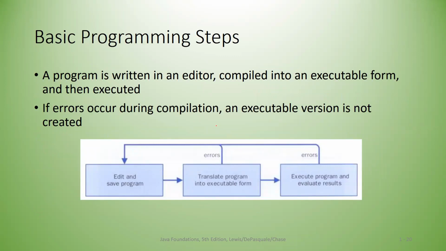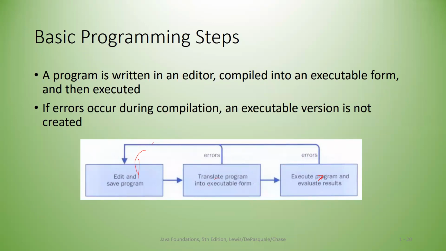A program is written in an editor, like Eclipse, we did that, compiled into an executable code, and then executed. So edit program, translate program into executable code, and then execute, right? This is the basic programming steps. So 3 steps.